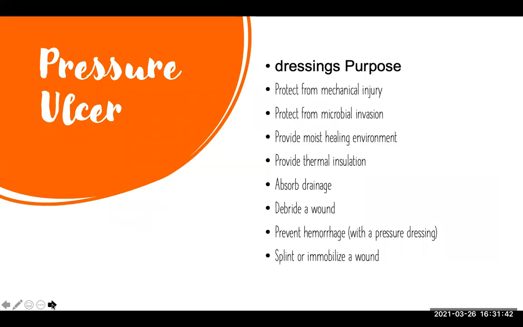Okay. So let's talk about dressings now, a little more about dressings. So a dressing's purpose is to protect from mechanical injury, protect from microbial invasion, provide a moist healing environment, provide warmth and insulation, absorb the drainage, debride the wound, prevent hemorrhage, and stabilize or splint the wound.